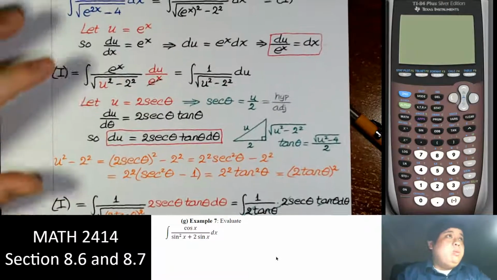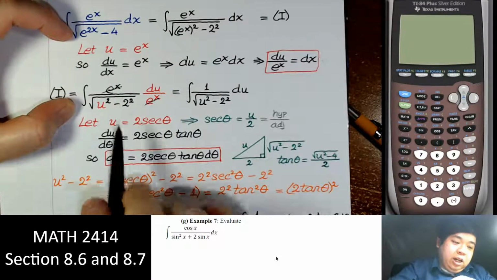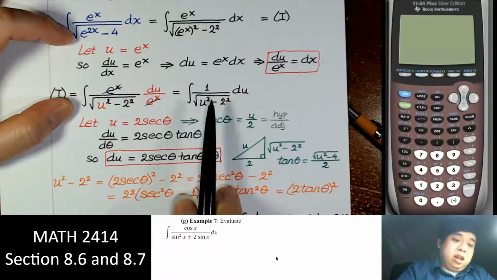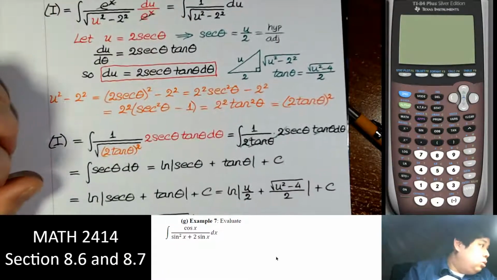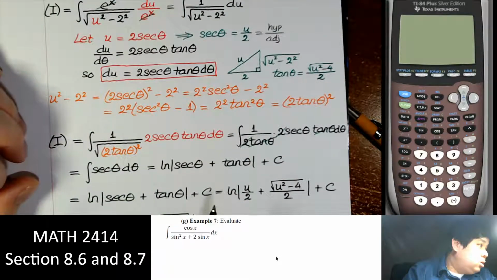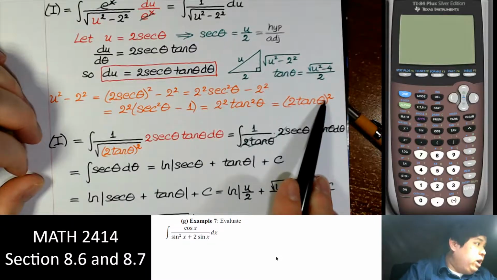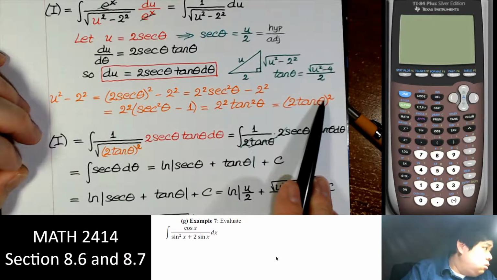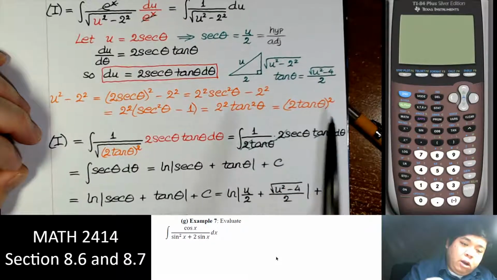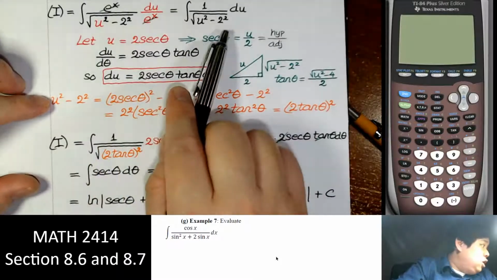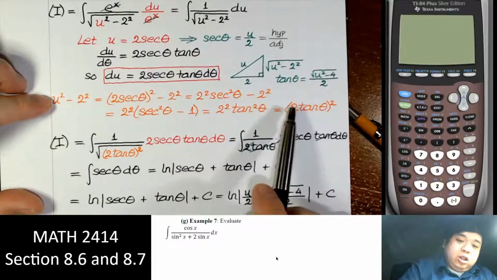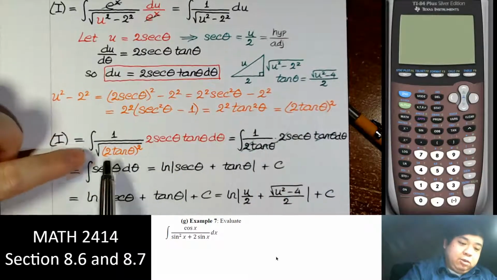So we make a substitution first. We turn it into something like this, and we can use trig substitution. The u square minus 2 square is the 2 tangent square, and we substitute it back in here.